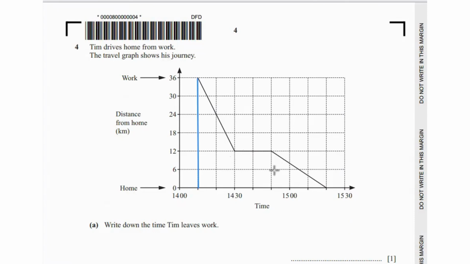That means he's driving from work and going towards home, so the distance is going to be less. If you look at the scale between 14 00 and 14 30, we have 3 squares, which means each square represents 10 minutes. So this is going to be 14 10, which is the time at which he leaves work.